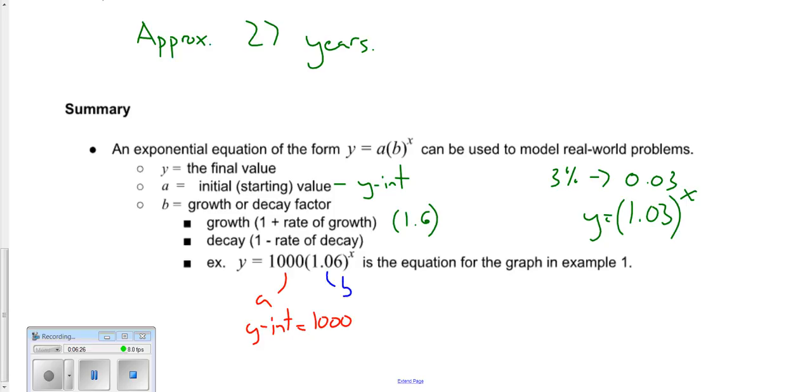Say our B value is going to be 1 plus, so I know it's a growth rate because it's bigger than 1. So 1 plus 0.6. Okay, and so 0.6 as a percentage, if I wanted to figure that out, would be 60%. Okay, so we always express that as the decimal version of the percentage.